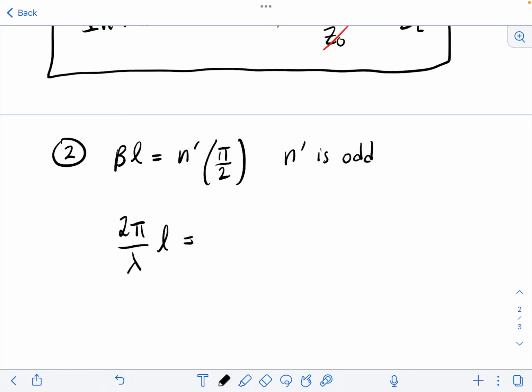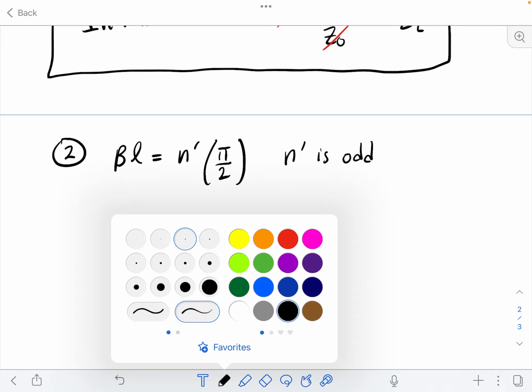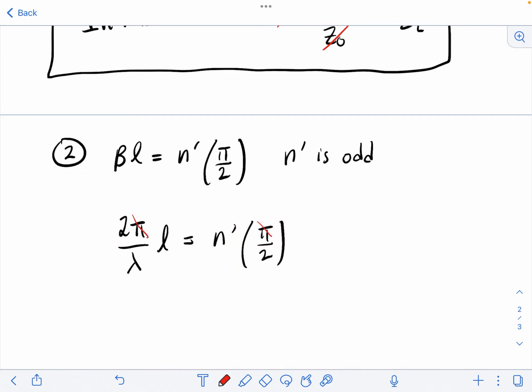Beta is 2 pi over lambda, n prime times pi over 2. The pi's cancel again, and if we solve for the length, we get L equal to n prime times lambda over 4. So it's an odd multiple of a quarter of a wavelength: a quarter wavelength, 3/4 of a wavelength, 5/4 of a wavelength, and so on.